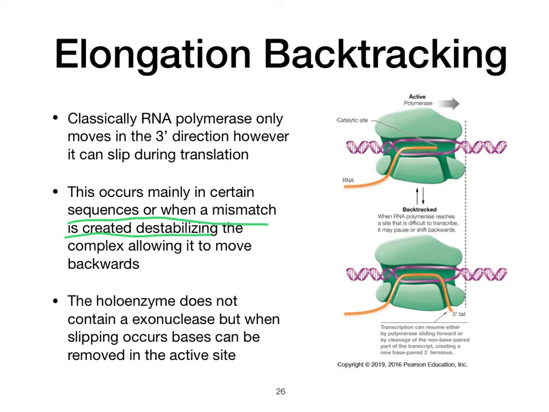And so once it moves backwards, it doesn't contain a discrete exonuclease, meaning the bases are not removed from a different location. The bases are removed in the same active site, which is different than DNA polymerization, where the exonuclease is far removed from the polymerization site.